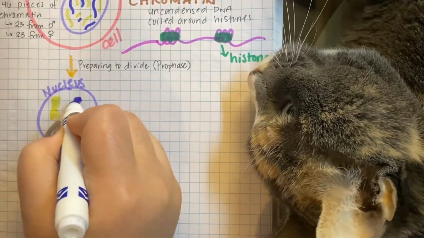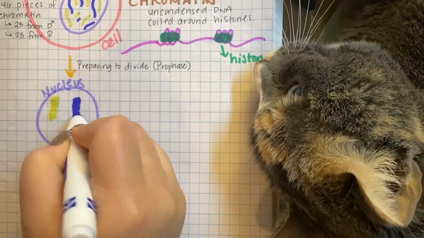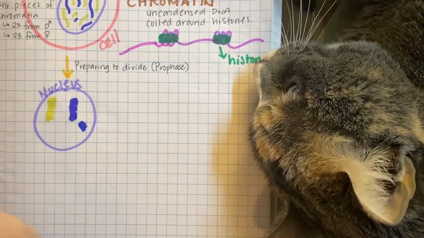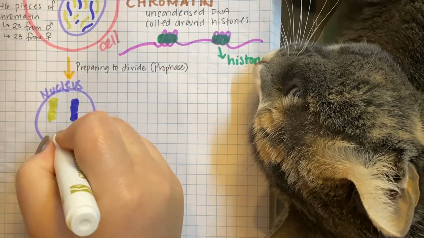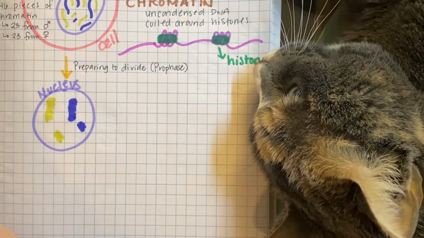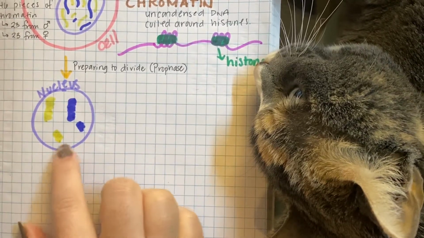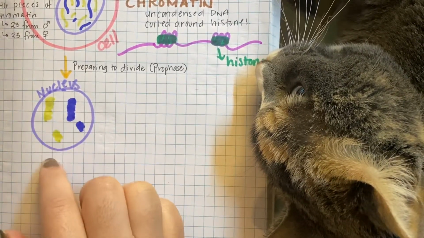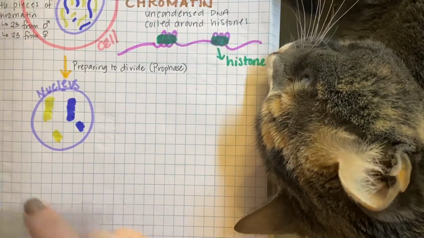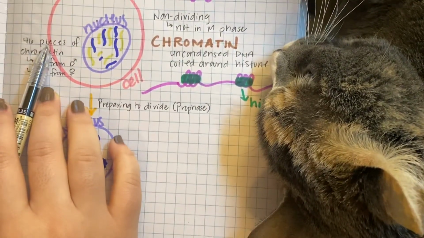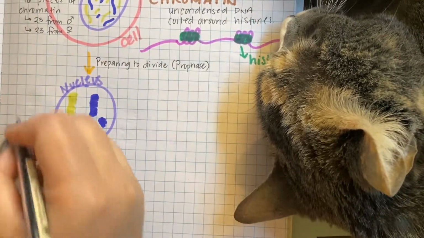And so you'll have chromosomes inherited from your mother, chromosomes inherited from your father. Some will be pretty short, and then some will be a little bit longer. Those are like 4 little pieces of chromatin that are now condensed into chromosomes. So numbers-wise, we had 46 pieces of chromatin. You're going to have 46 chromosomes.